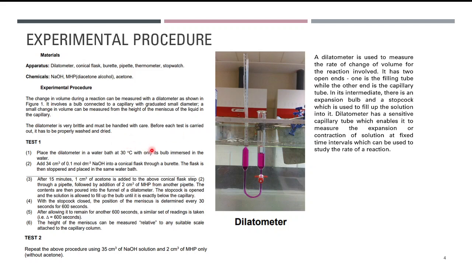Okay, there are two tests here. The source of the hydroxyl will be from the NaOH. So you will submerge this dilatometer in a water bath, and only the bulb will be immersed. So this is a wet experiment. Then you add in the NaOH in the conical flask, and after 15 minutes you add acetone followed by the MHP, and then the whole thing is poured into the funnel, into the dilatometer.